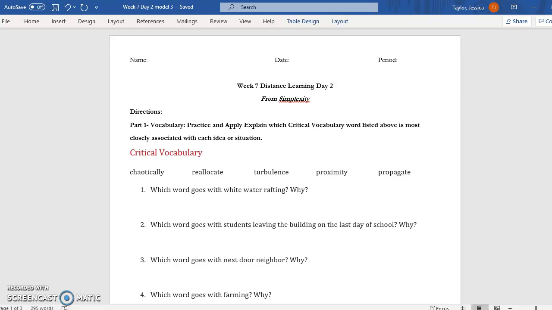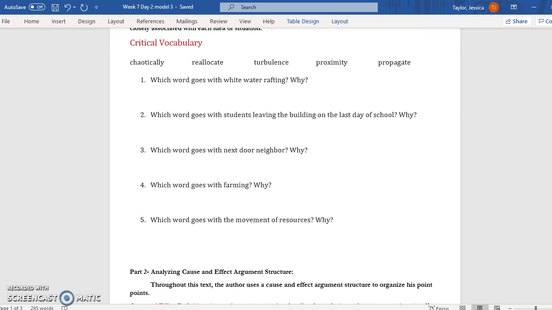You're going to explain which critical vocabulary word that I've provided in the list is the most closely associated with each idea or situation. So the words that we have listed here are chaotically, reallocate, turbulence, proximity, and propagate. So you have a series of 5 questions that you're basically matching the word to.